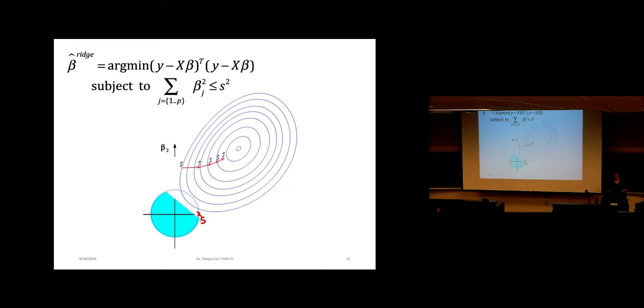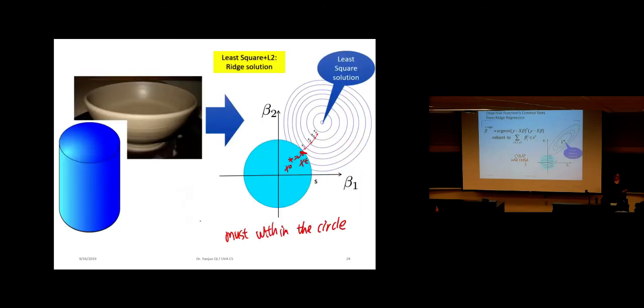Hopefully there's another figure like this. So this is the 3D view. I have a bowl shape for my sum of squared error loss. The lower in the bowl, in the middle, the smaller the sum of square error. But at the same time, I have a cylinder constraint that constrains all my points to be within that cylinder.